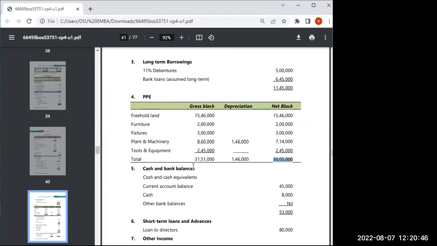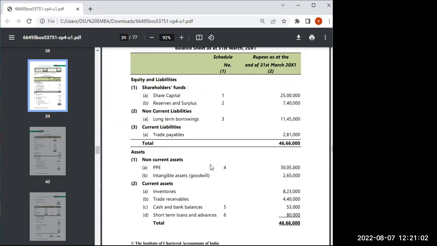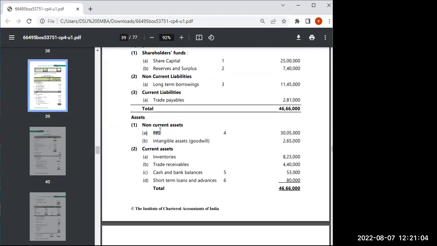The total is 31 lakh 51,000. Depreciation is 1,46,000. So the remaining amount is 30 lakh 5,000. Is it clear? So 30 lakh 5,000, you bring it to the balance sheet in the name of tangible assets.